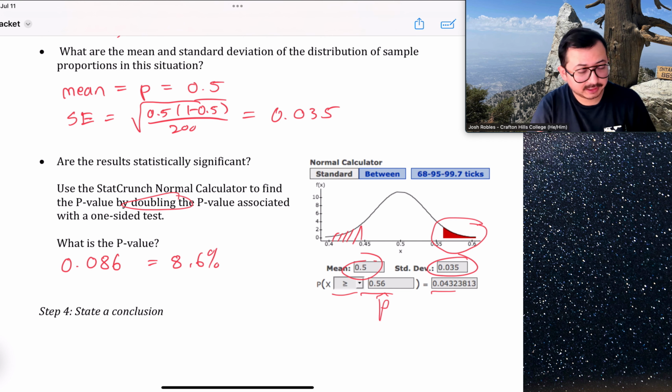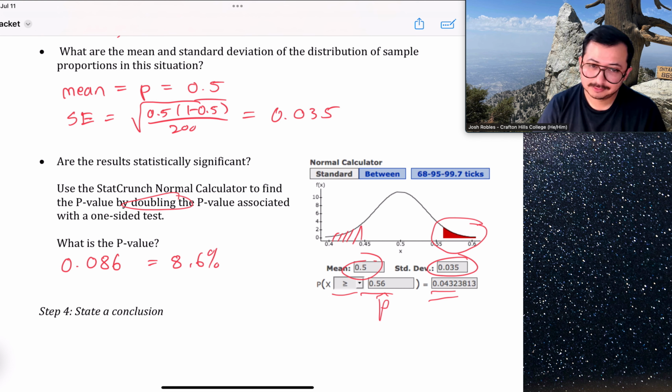This one's kind of weird because the tail size individually is small enough to reject. This 4% is less than the 5%. But when we double, it's now larger. That's definitely possible and can happen quite a bit.